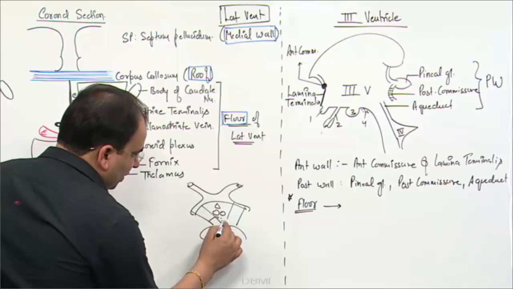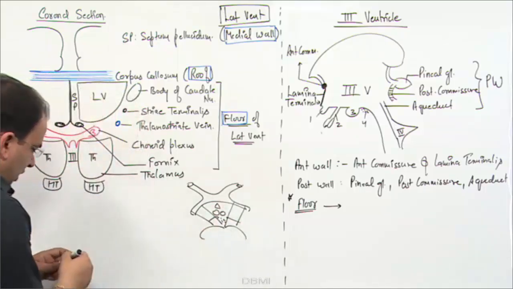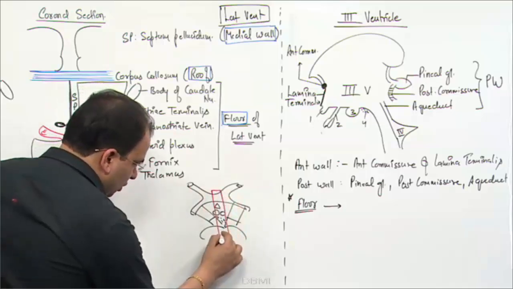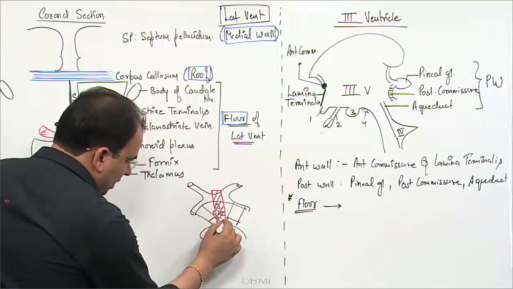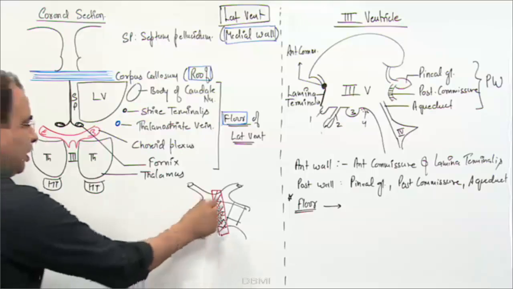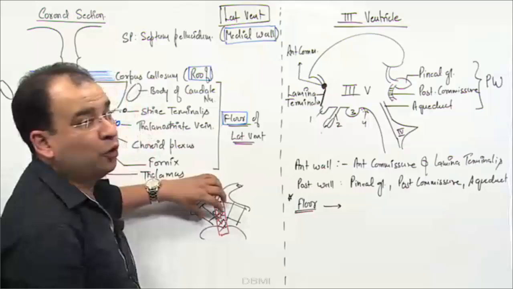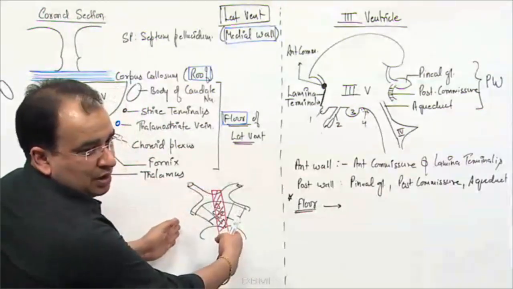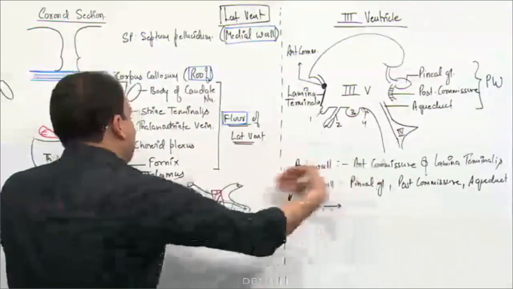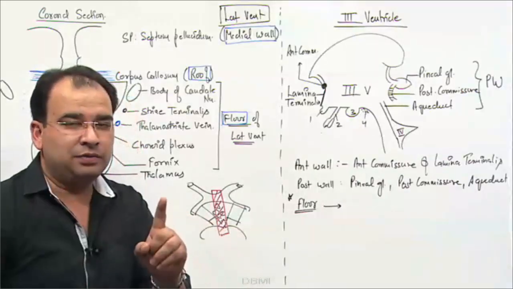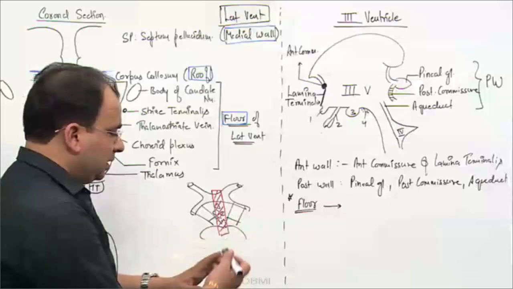Now there was third nerve as well. Now forget about the third nerve, and only consider these things which are in here. So this midline portion of the interpeduncular fossa is forming the floor for third ventricle. When you see it from the front, it is interpeduncular fossa. When you see it from that side, it is the floor of third ventricle, except third nerve. That is more important to remember, except third nerve.